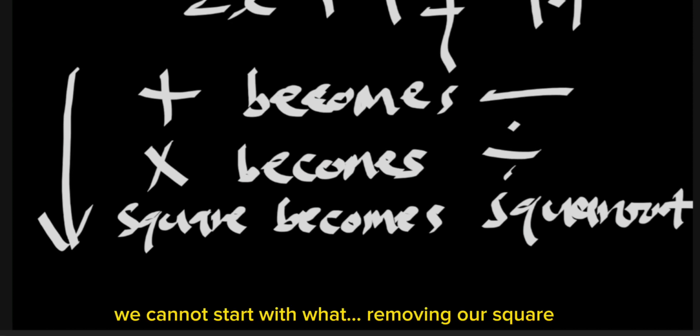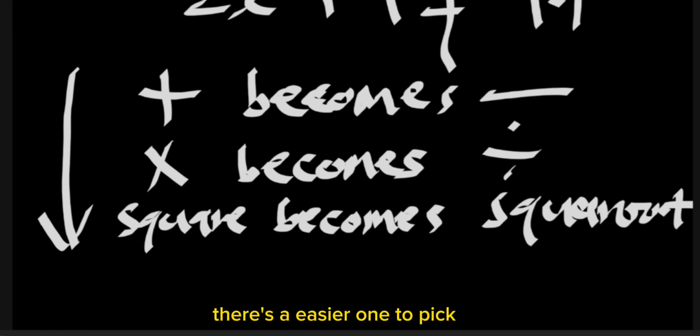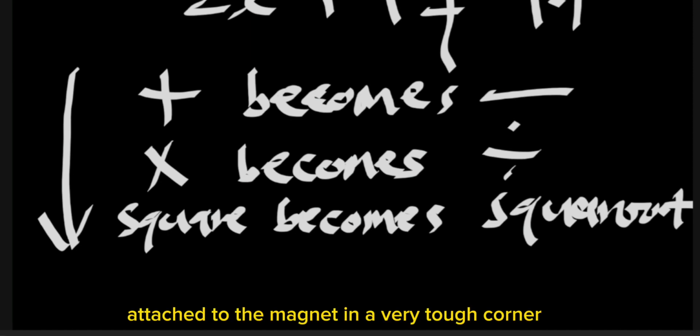We cannot start with removing our square. You can see it's like trying to pick out something from a magnet. There's the easier one to pick, and there are some that are very difficult, maybe because of their size are tiny, or they are attached to the magnet in a very tough corner.